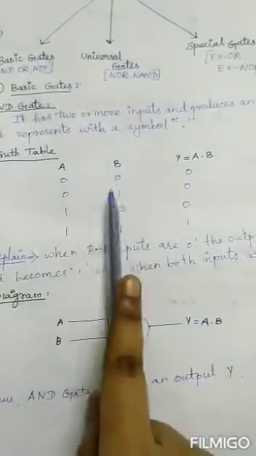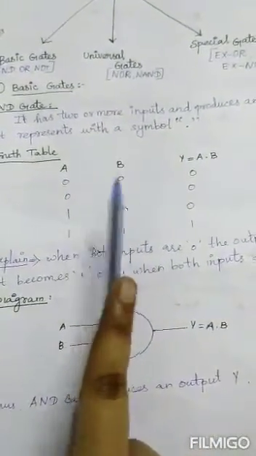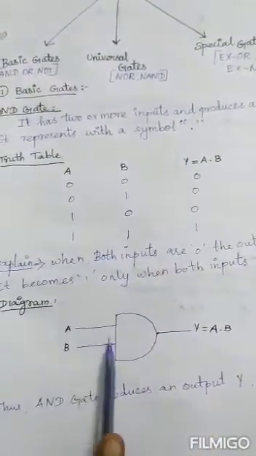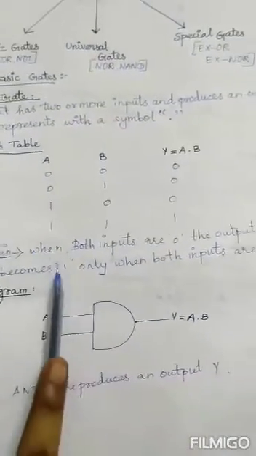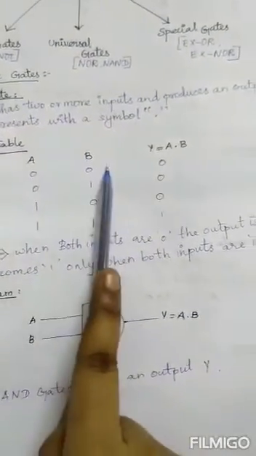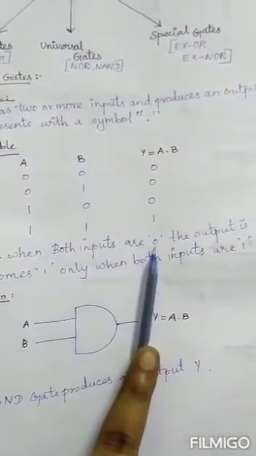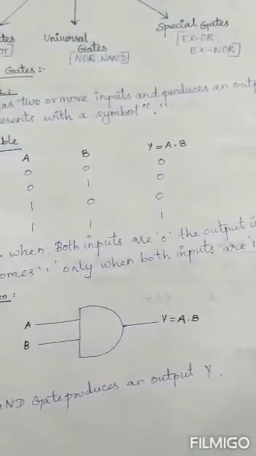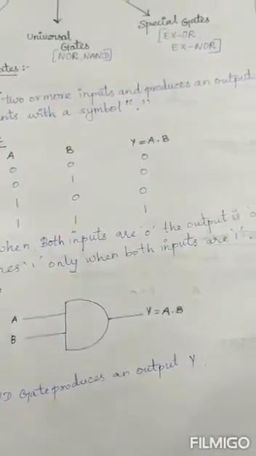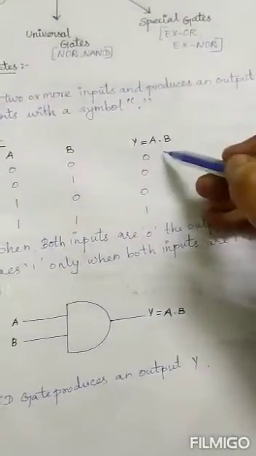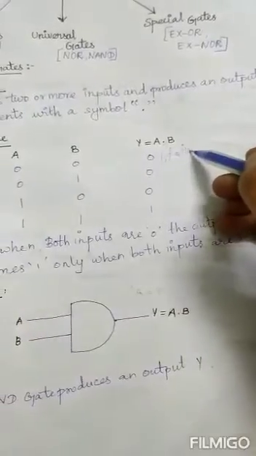But what this truth table tells us, in the circuit, is this. When both the inputs are 0, we can take it as false, the output will be false.